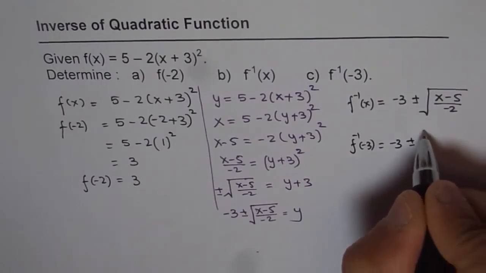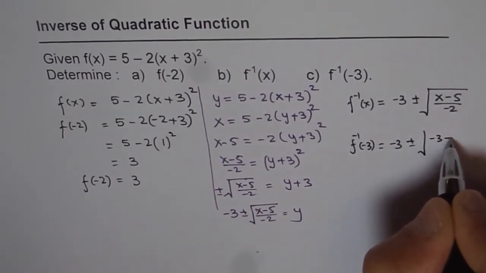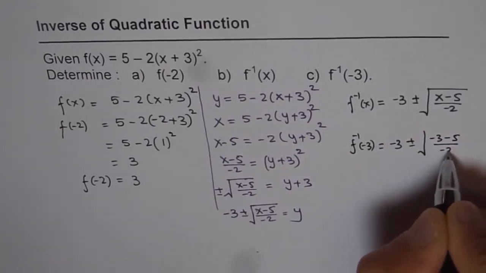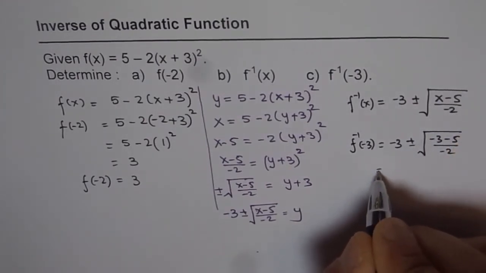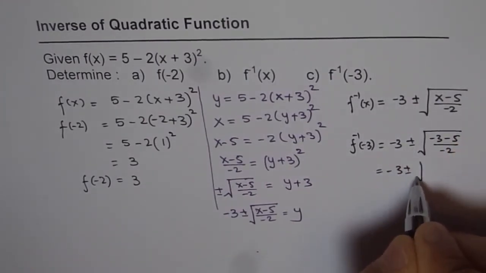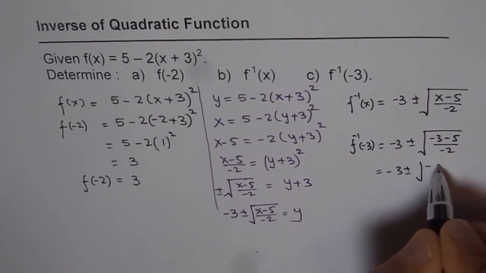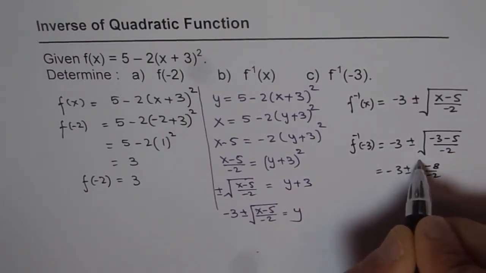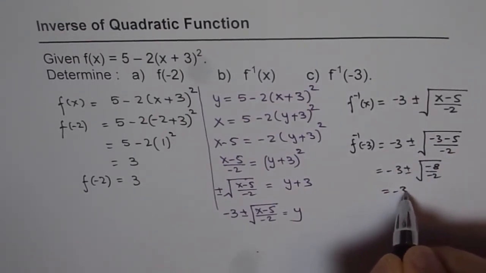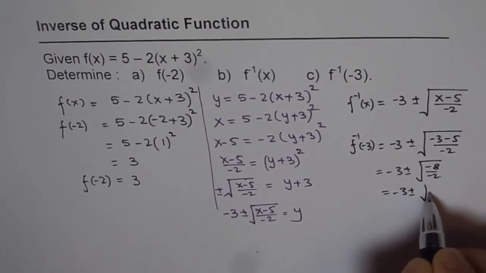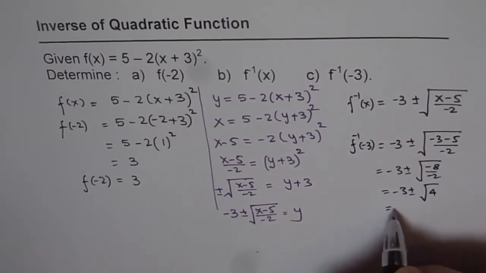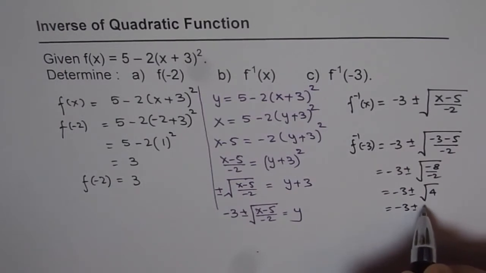Minus 3 plus or minus square root of (minus 3 minus 5) over minus 2. That gives us minus 3 plus or minus square root of (minus 8 divided by minus 2). So that gives us minus 3 plus or minus square root of 4. That is minus 3 plus or minus 2.